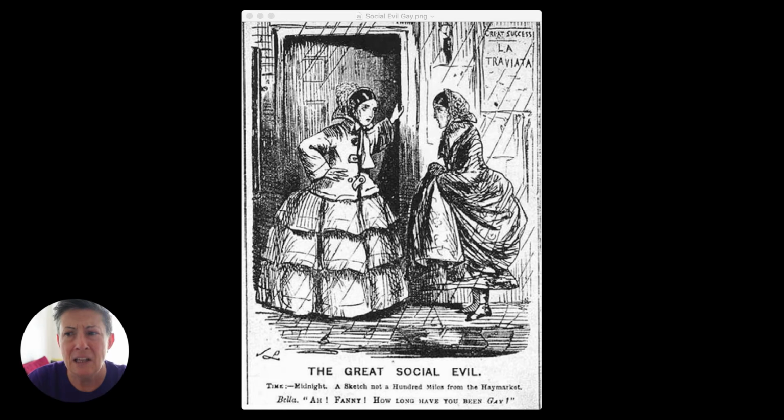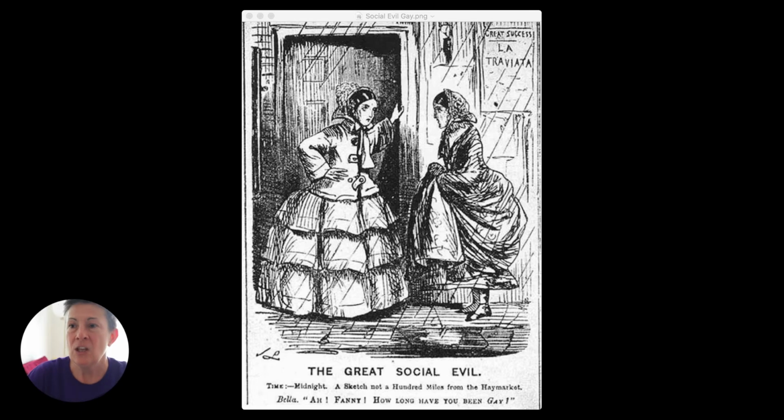So how is it that they know each other? And then the other piece of evidence is the poster on the upper right corner, La Traviata. So we know that's a famous opera. So this is outside of an opera hall. Does it look to you like the front door or the back door?